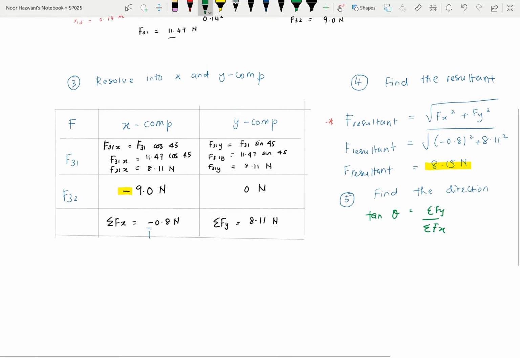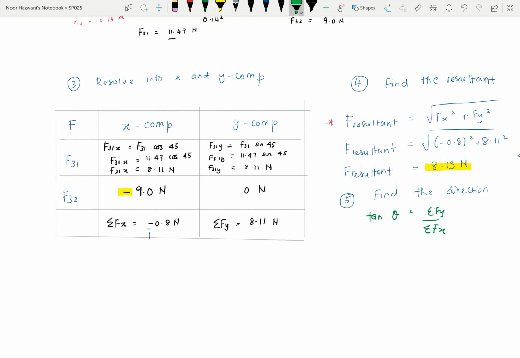Bila you refer you punya Fx dan Fy you di sini, bila kita nak lukis, bila kita nak tahu kita punya F resultant tu duduk di kuadran mana. Bila kita lukis, Fx kita adalah align along negative component and then Fy kita positive. So, you punya F resultant akan duduk pada second quadrant.